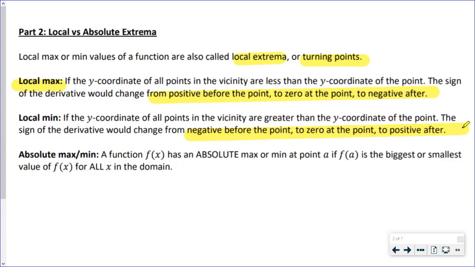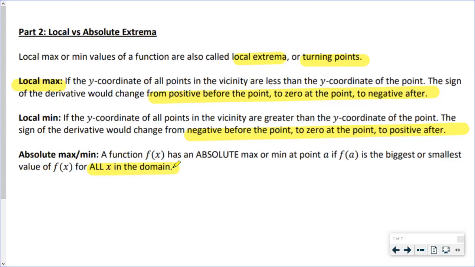Now, what I was talking about, we sometimes say global, but an absolute maximum or minimum point is where f of a is the biggest or smallest value for all x in the domain. So that only applies to those real life situations when we can really define and see all x values in the domain. But if we cannot, we can't call it an absolute maximum or minimum.